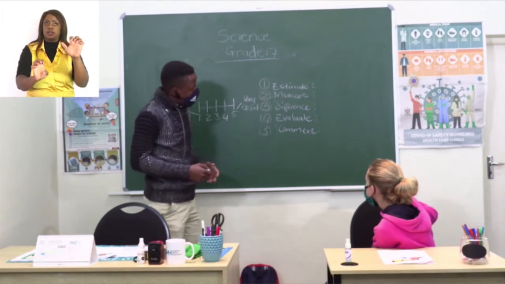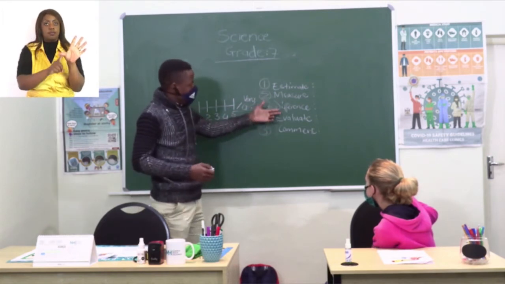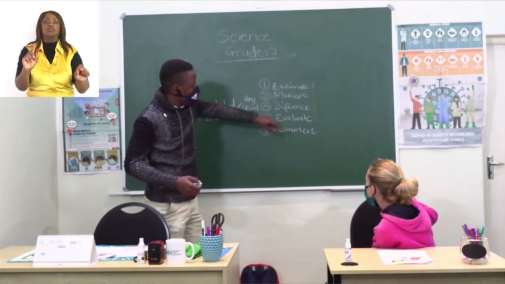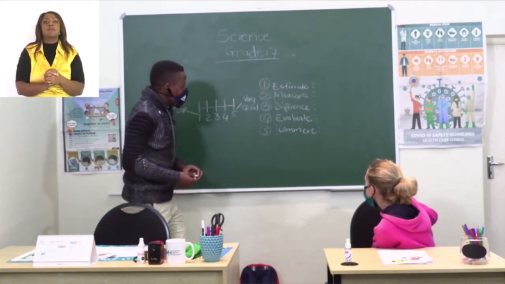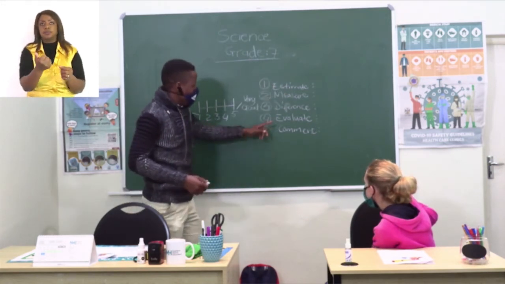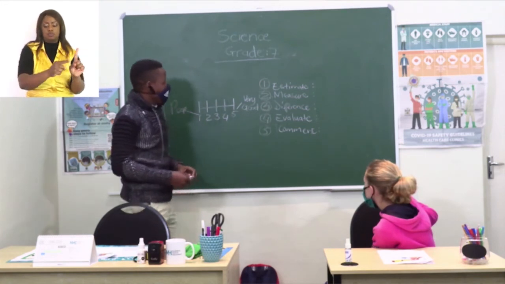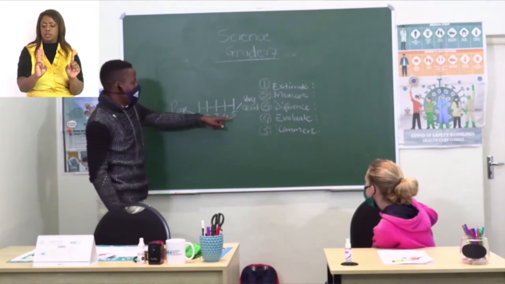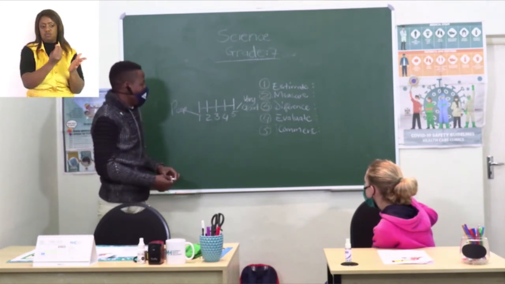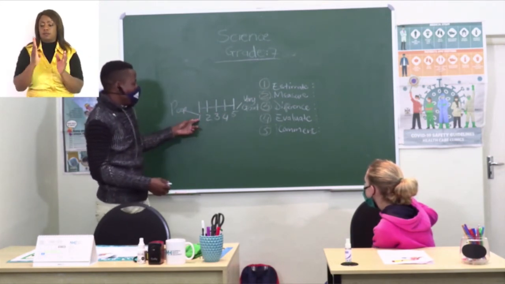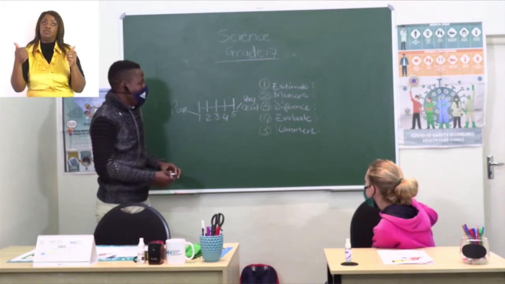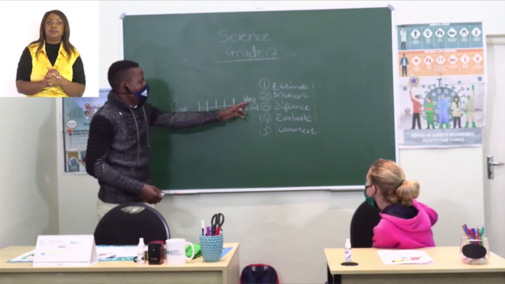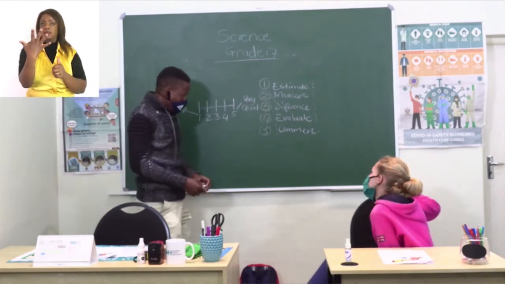Then we have to measure the difference. You must make sure that you find the difference between these two values. There is evaluation, whereby you have to evaluate yourself or your estimate according to the scale which is drawn here. If it's low, that is a poor estimate. If it's at 5, then we say this is a very good estimate.